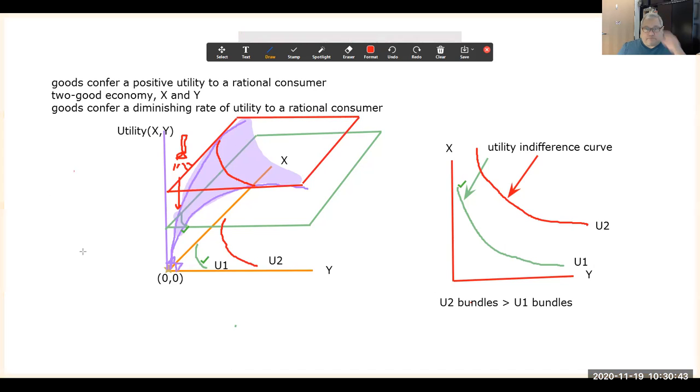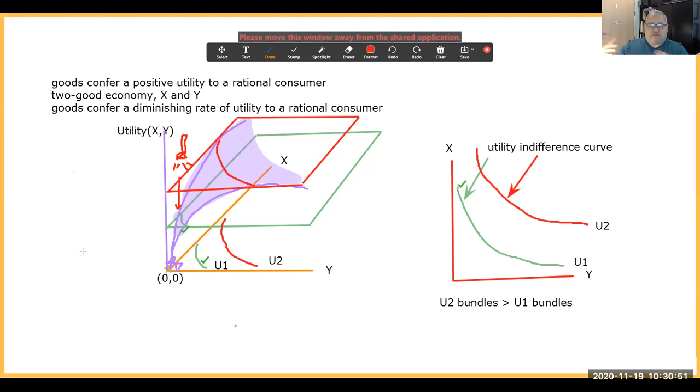There you go. So more utility requires more of both goods, or so much more of one good than the other that you end up at this higher point of utility.